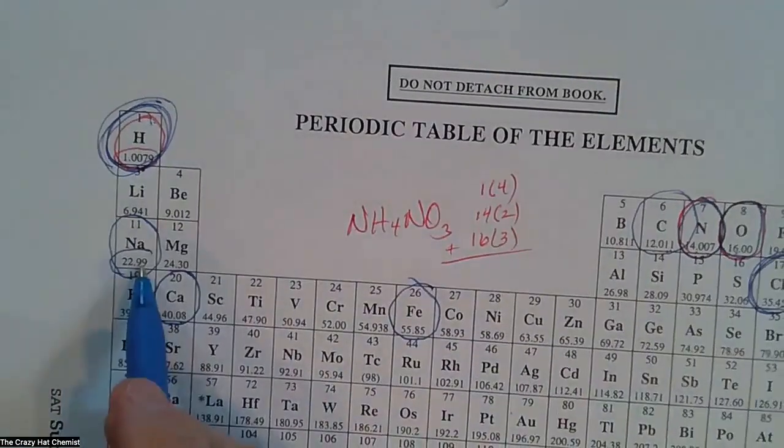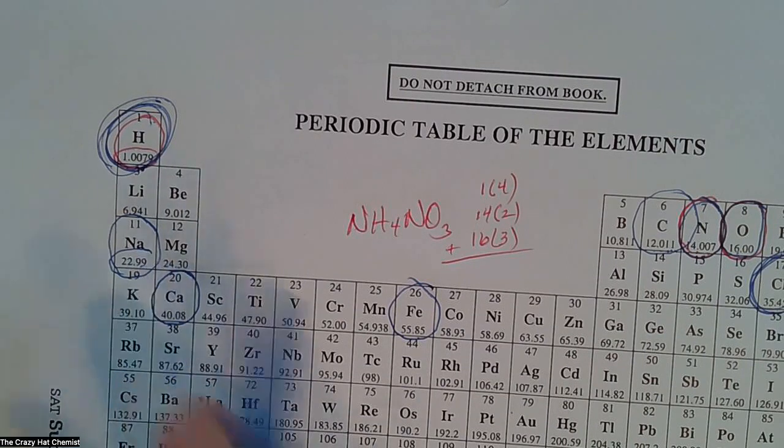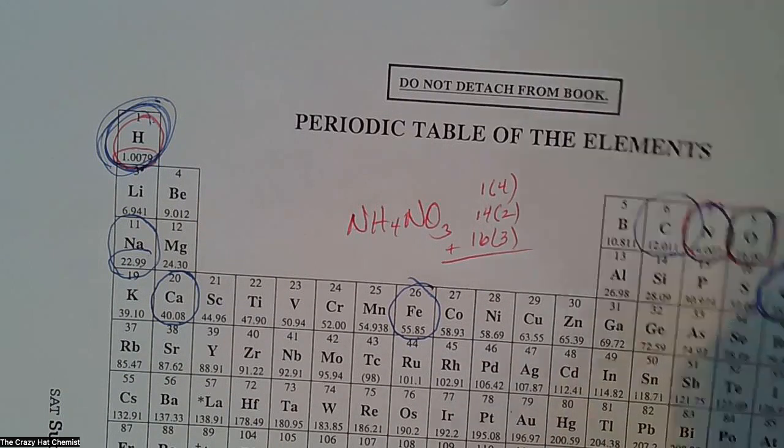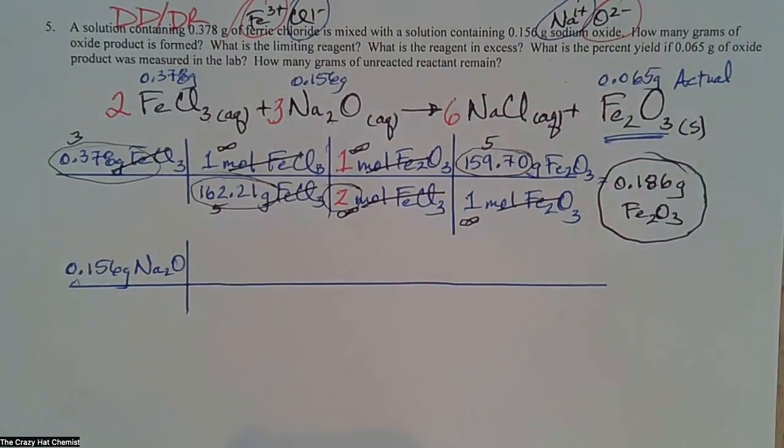I'm going to find my periodic table and find sodium, 22.99, multiply that by 2. Oxygen, 16.00, multiply that by 1, sum them up, and I'm going to have 2 decimal places because both sodium and oxygen each have 2 decimal places.